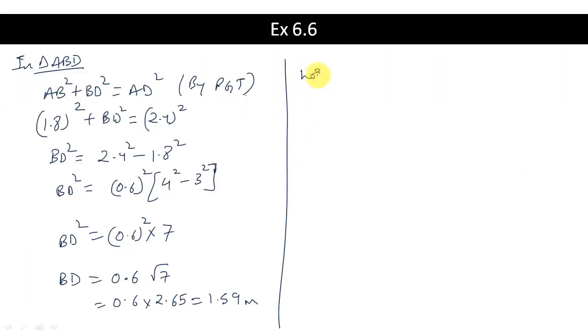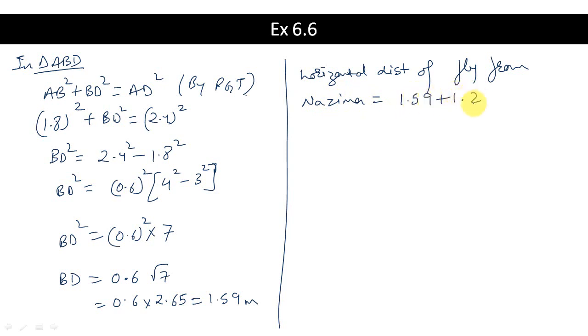So horizontal distance of fly from Nazima will be 1.59 plus 1.2. So it will be 2.79 meter. This is the answer. Okay.